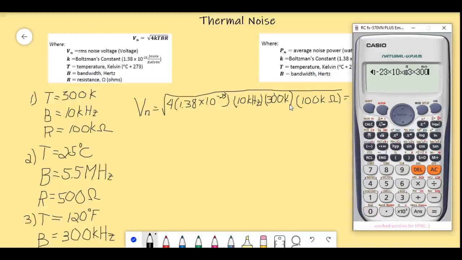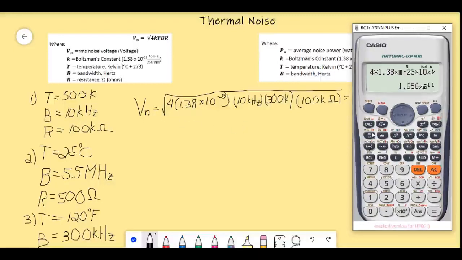This is not kilo, okay? We might be confused, but this is actually Kelvin. Multiplied by 100 exponent 3 for kilo ohms. So I'm going to multiply all of these together, and I'll be getting 1.656 times 10 to the negative 11. And then I have to do a square root, because I actually multiplied everything inside together.